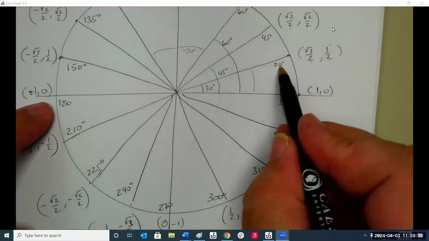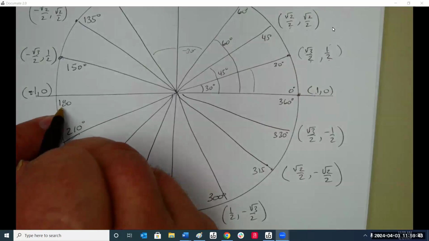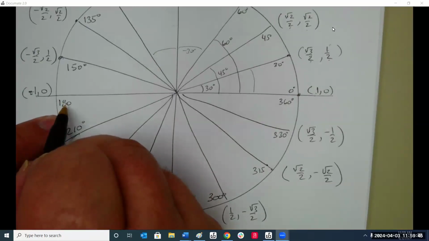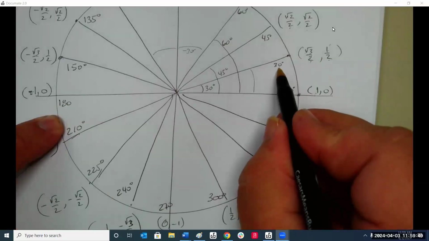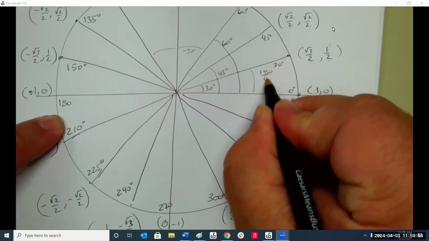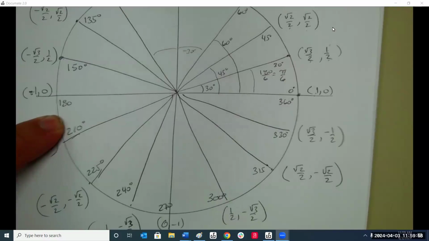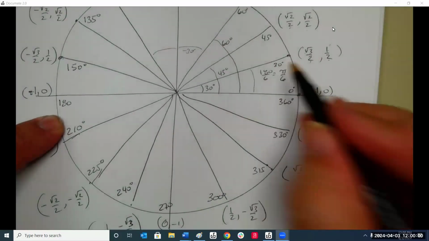So 30 degrees is 180 divided by 6. So 180 divided by 6 is 30, which is pi over 6. That's what 30 degrees is.